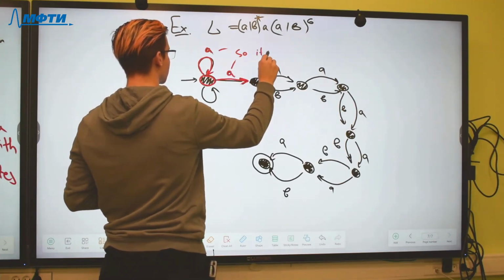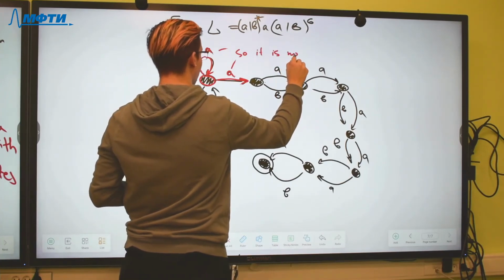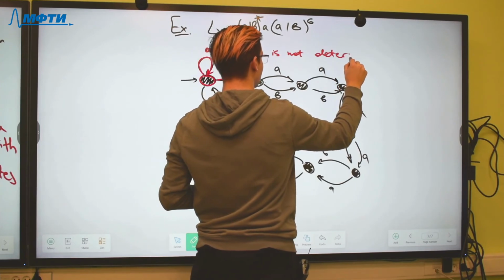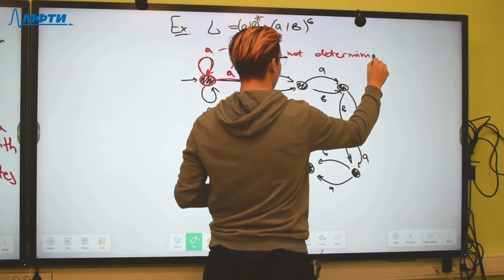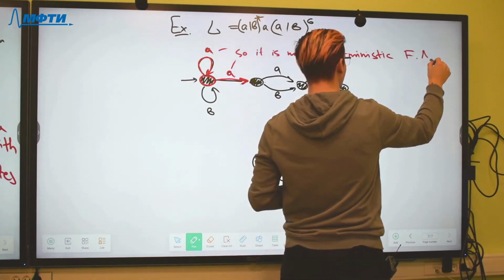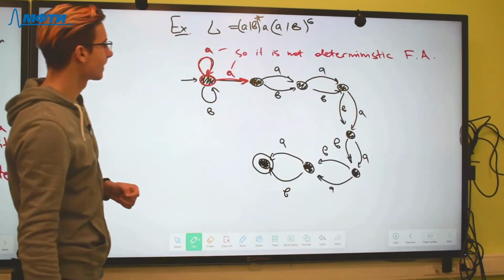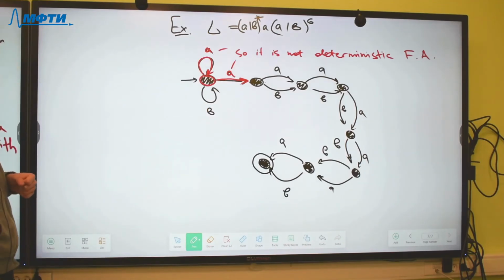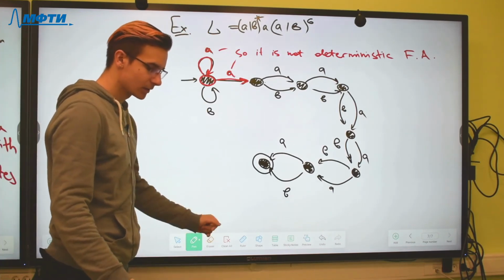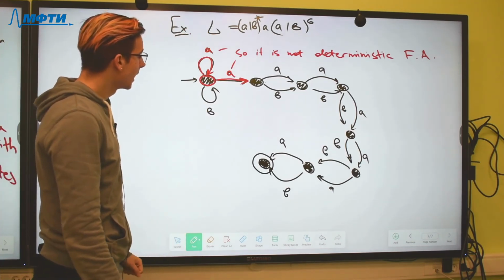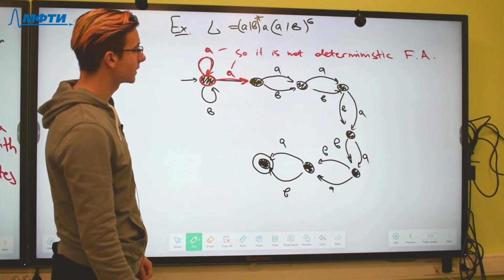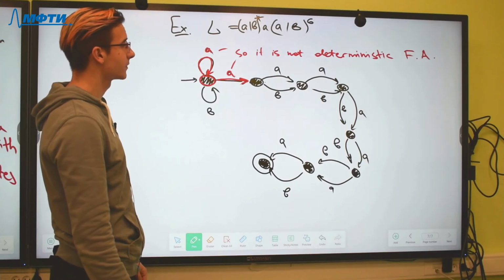So it isn't a deterministic finite automaton. But of course, the language of this automaton is equal to L, and it is very simple to prove it. But you see, what is the number of states of this finite automaton?